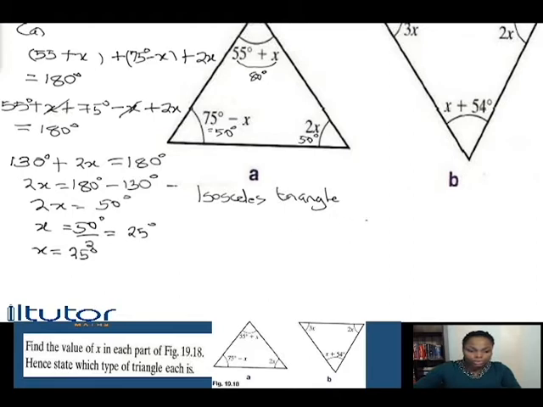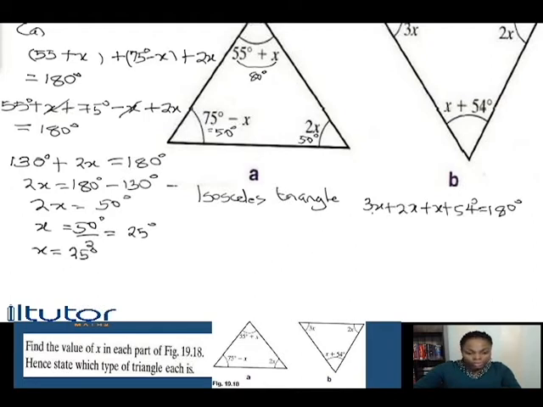Let's do that again: 3x plus 2x plus x plus 54 degrees is equal to 180 degrees.